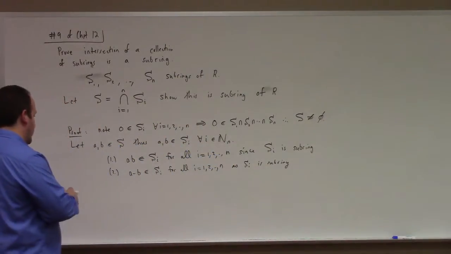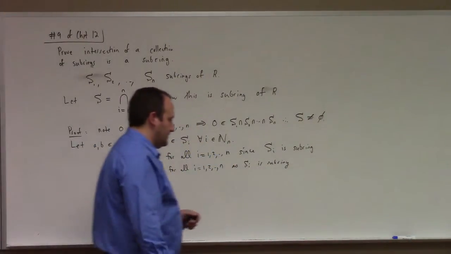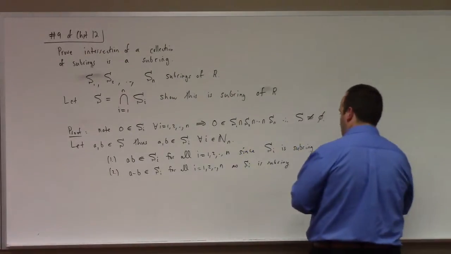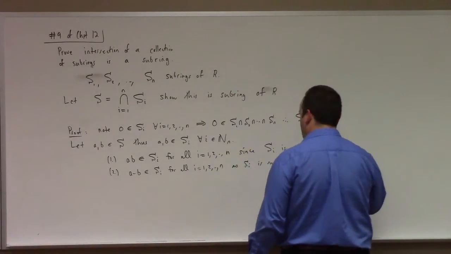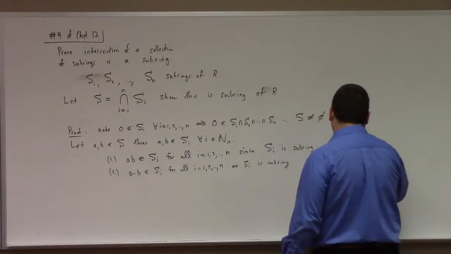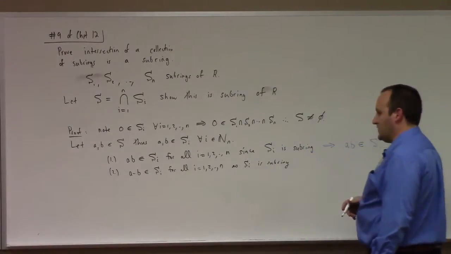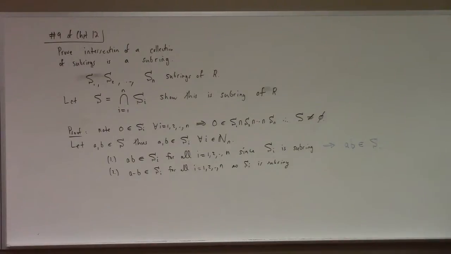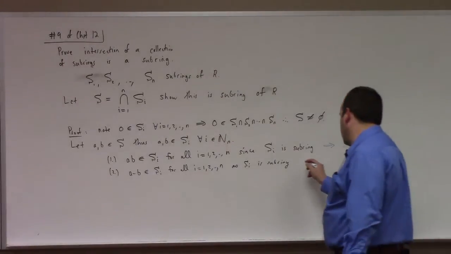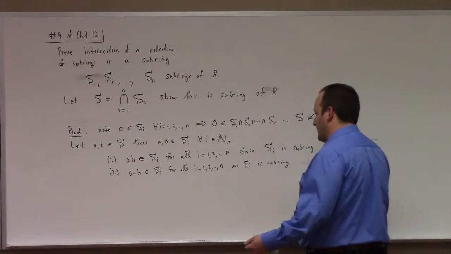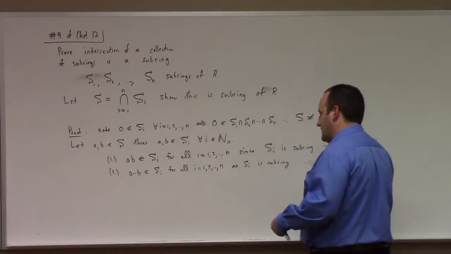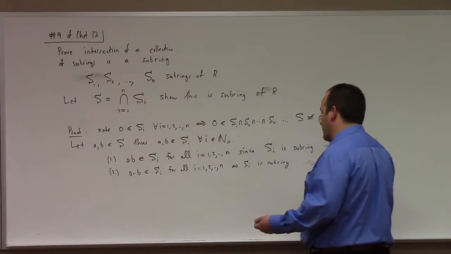So what does number 1 imply? Right, it says that AB is an element of S as well, right? By the definition of intersection. If it's in every single thing forming the intersection, then by set theory, AB is an element of S. And likewise, like you said, the second one shows that the intersection ring is closed under subtraction, right?